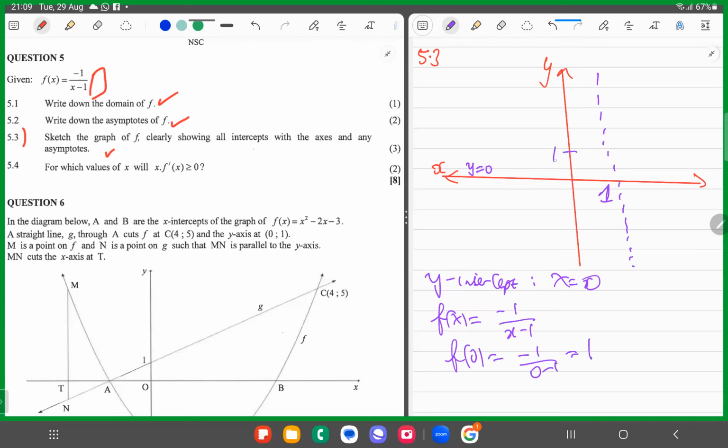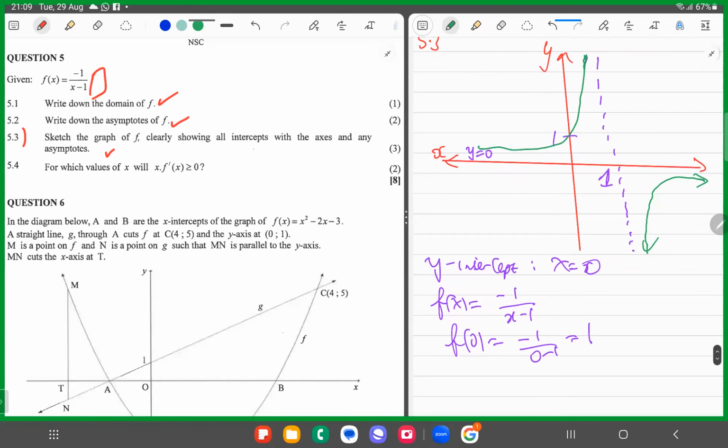So you have 1. Right, so the graph is going to do this. If the graph does that, the other one is going to be on the other side. It's not going to touch the asymptote there. So it's just going to be here like this. These graphs are always that way.